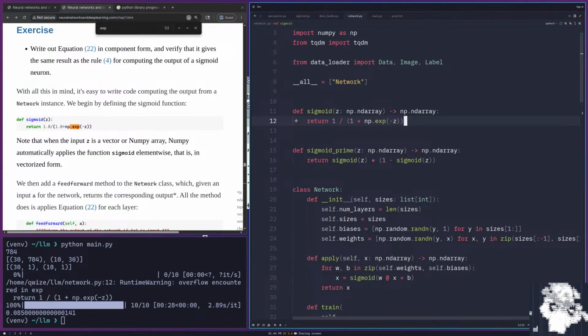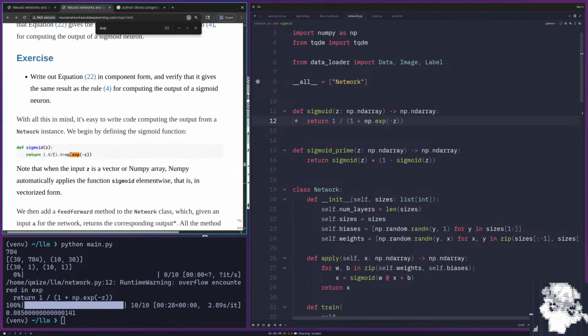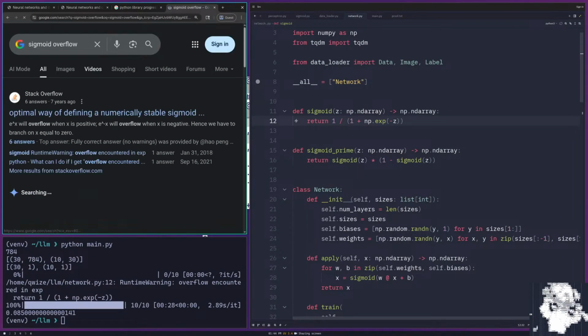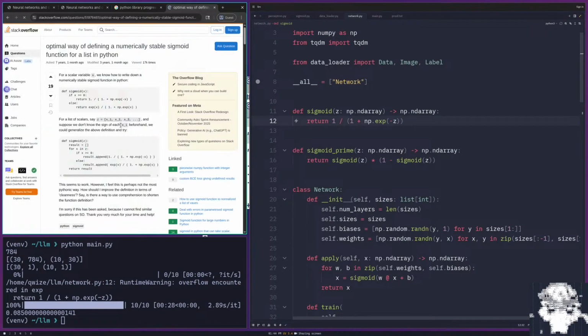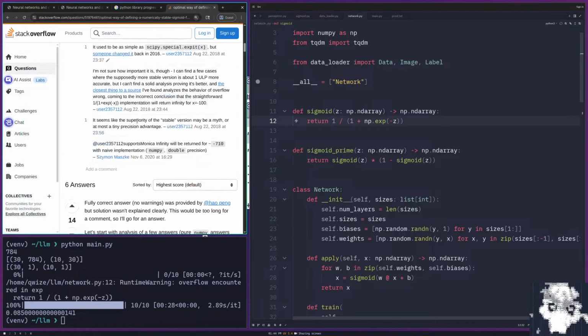And we did not learn. Sigmoid overflow. Save me, Stack Overflow.